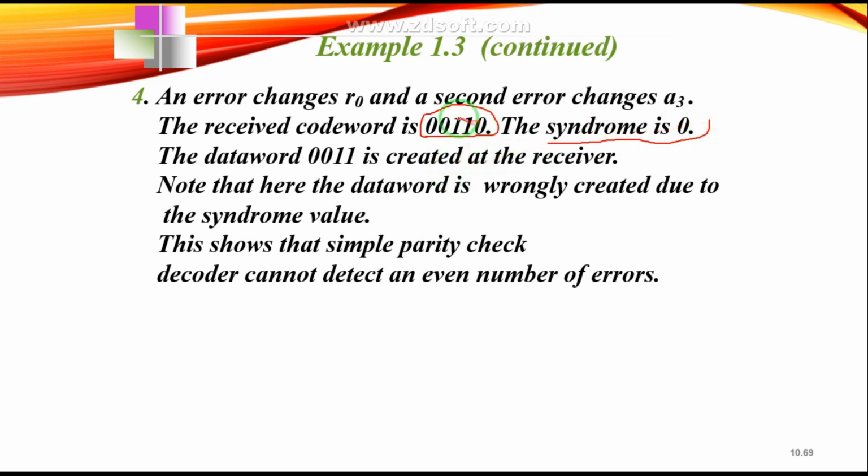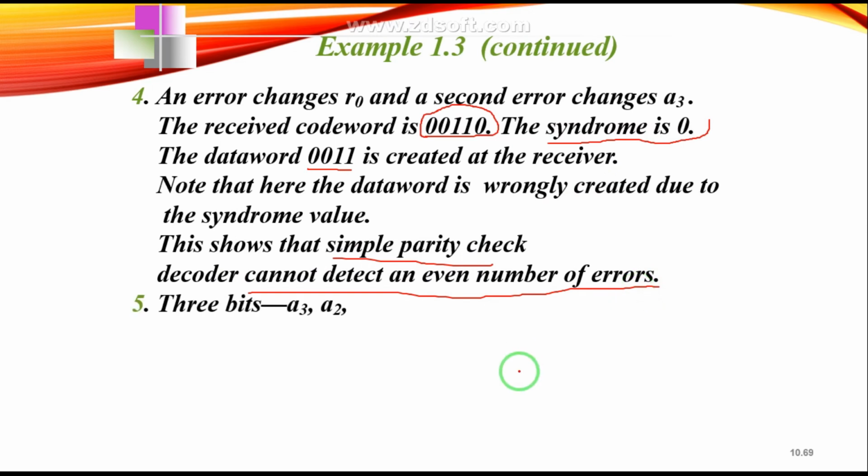So the data word created would be 0011. Note that here the data word is wrongly created because of the syndrome value. It shows that the simple parity check decoder can't detect an even number of errors. Although an error has occurred, it is not detected.